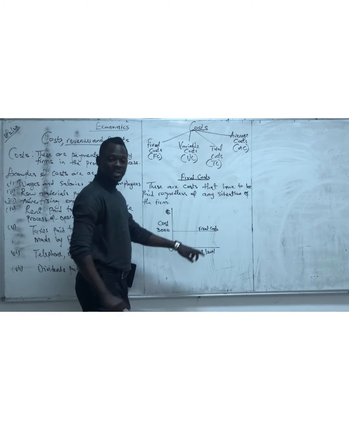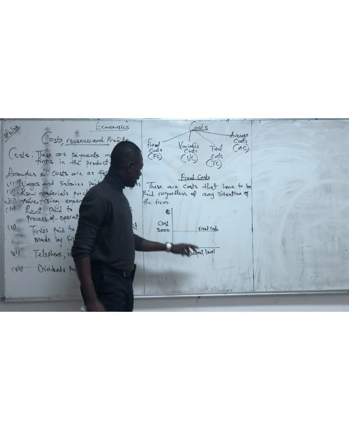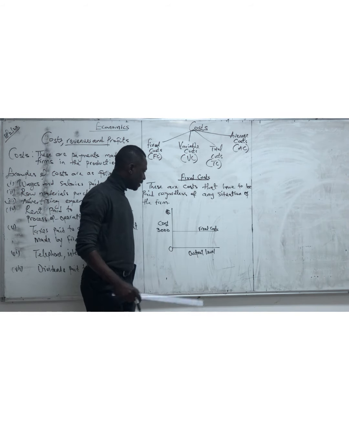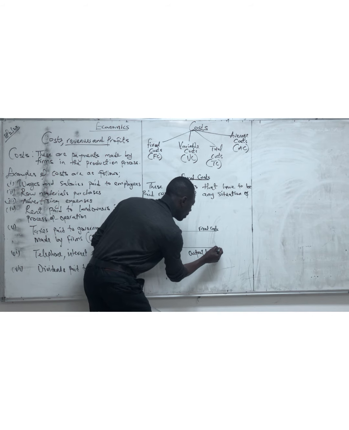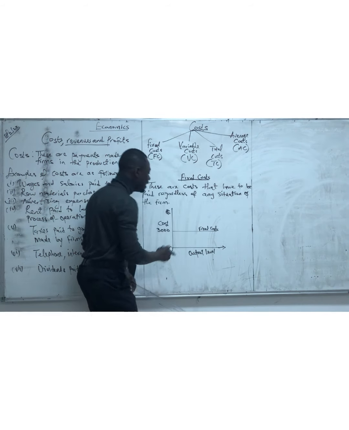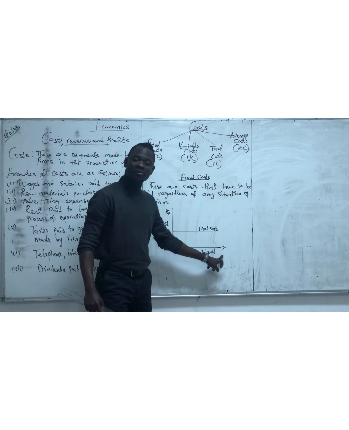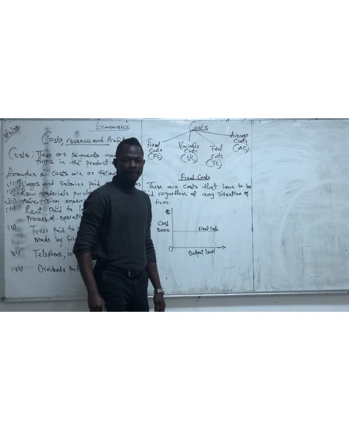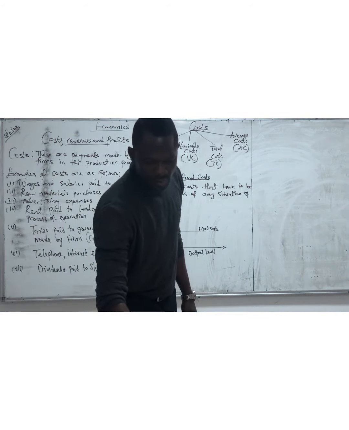At this point in time, regardless of what the output level is, it has to be paid. Is it clear? So at the 0 level of output, it has to be paid. At the maximum level of output, it has to be paid. Is it clear? Yes. Good.